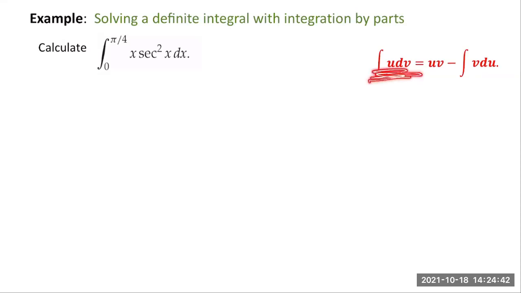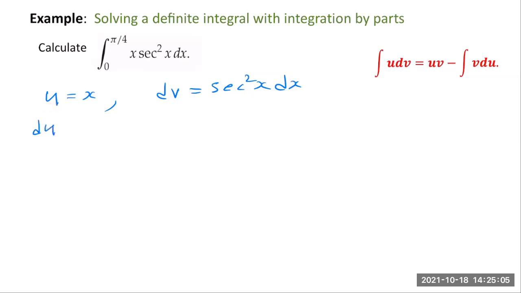Need to compare this integral against this one. So let me identify my u to be x and dv to be secant squared x dx. From this one, we immediately find du over dx is 1.